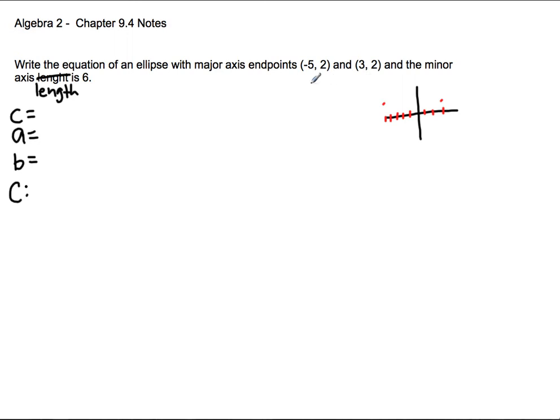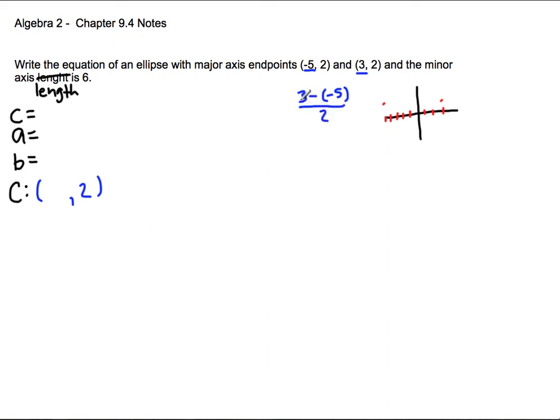So here are my vertices, and the center is halfway between these two guys right here. Notice that my center is going to have a y coordinate of 2 because both of my vertices have a y coordinate of 2. So let's do the stop, which is 3, minus the start, which is -5, divided by 2.